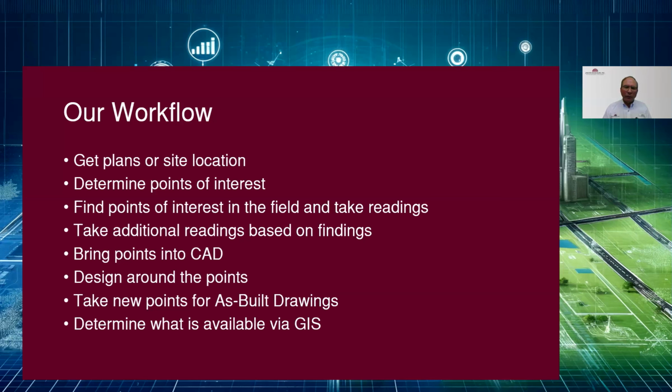We'll get out there and see something that's going to have to be included in our plans, and we bring that in as points. Once we get everything together, we start working onto a CAD plan, something we're going to be able to build onto. We design around the points of interest and take new points for as-built drawings as we progress through the project. And at the end of the day, or even before we start, we determine what information is available via GIS and what may be out there.